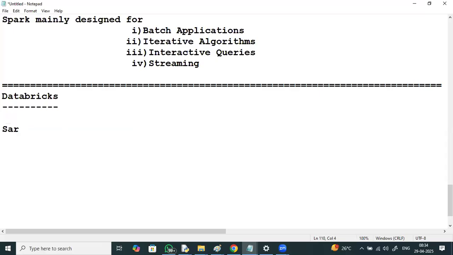Before I come to Databricks, two main features of Spark.